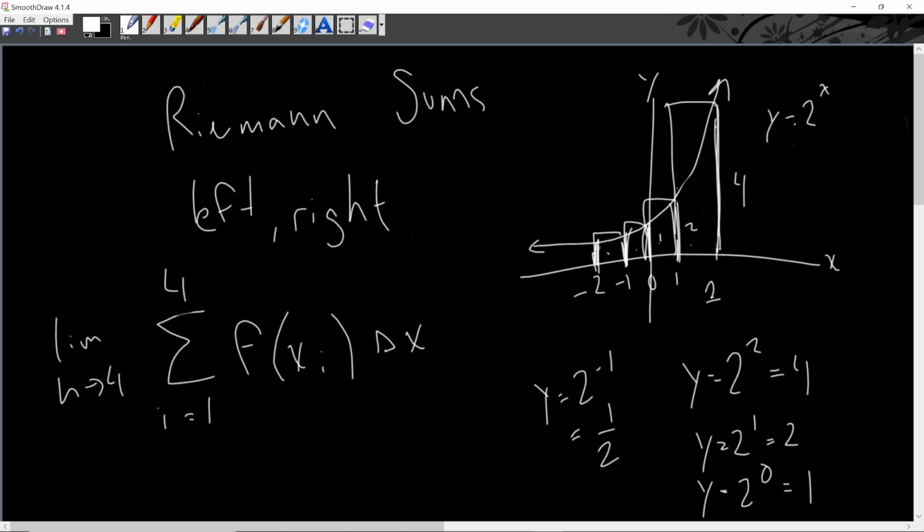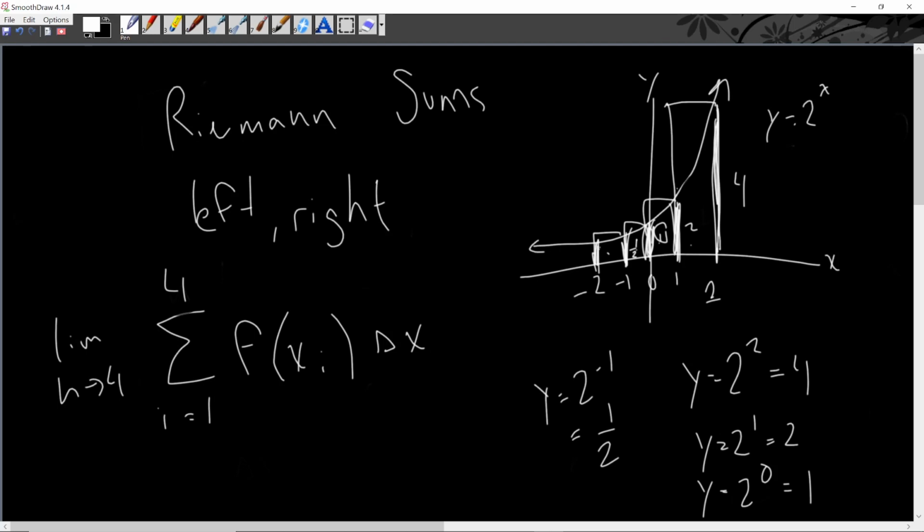The y value of this part is 1, of this part is 2, of this part is 4, and of this part is 1/2, and now we can start drawing our rectangles.